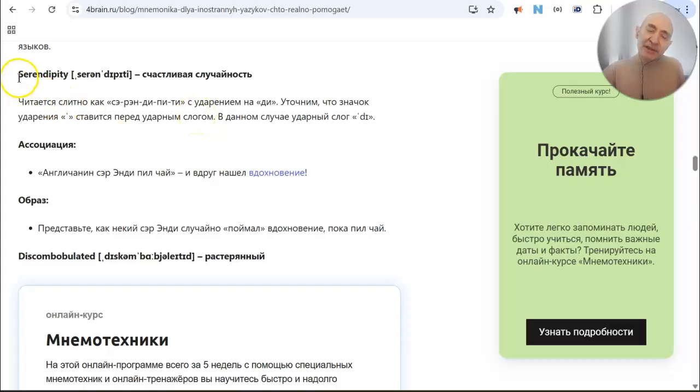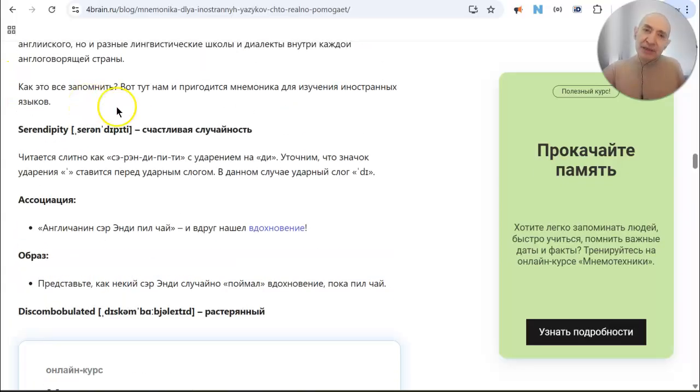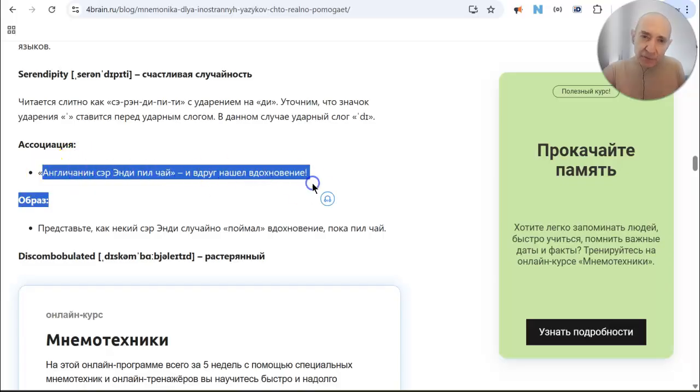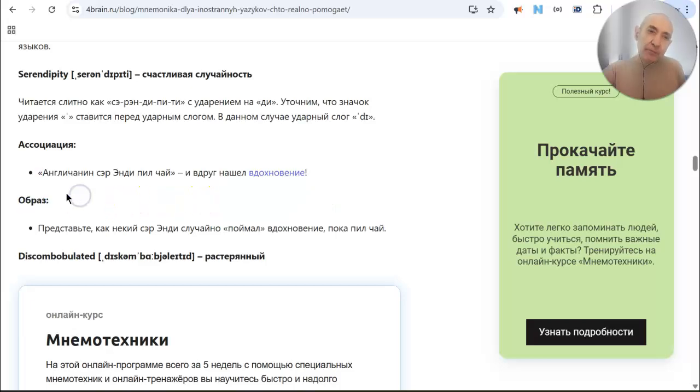So we had the word serendipity, which means the lucky coincidence, and then they say ассоциация. Англичанин, сэр Энди, пил чай и вдруг нашел вдохновение. So the англичанин, the Englishman, Sir Andy, пил chai, drank tea. So serendipity, Sir Andy, pil, it's like pee, chai, tea. Serendipity.